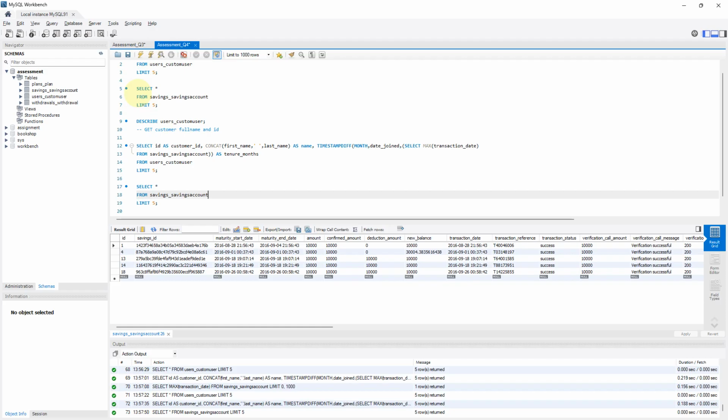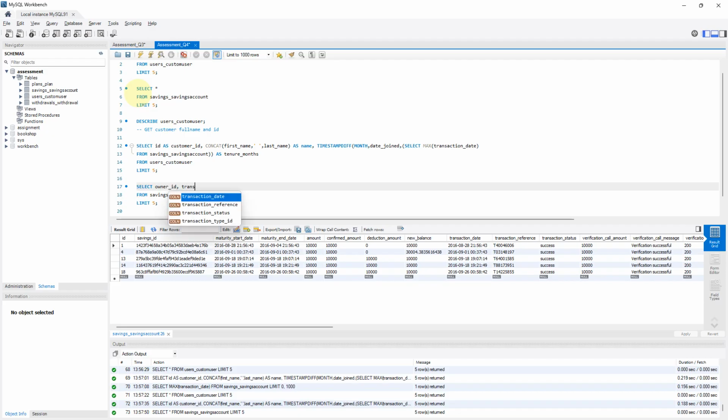Let's see. Okay, so what we want is owner ID, and transaction, no, I think it is confirmed amount.